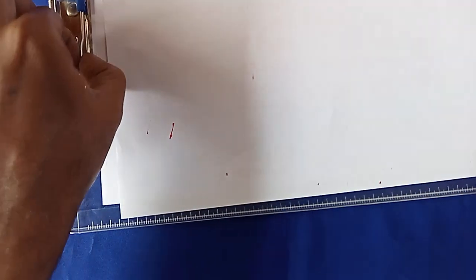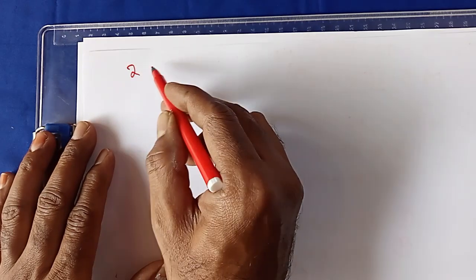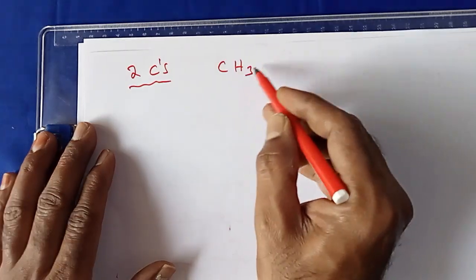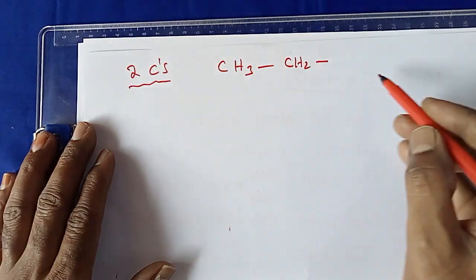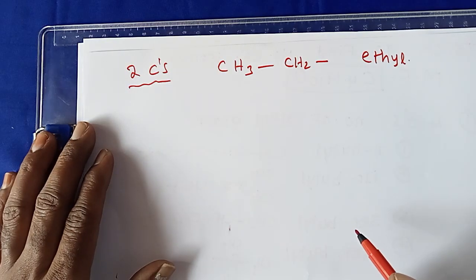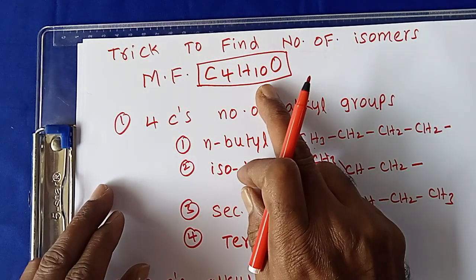Next, these two are enough. Ethyl also we require, but with 2 carbons there are no different alkyl groups. With 2 carbons, what is that? CH3, CH2. Only ethyl is possible. There is no other. So these fundamental basic points are required not only for this isomer.